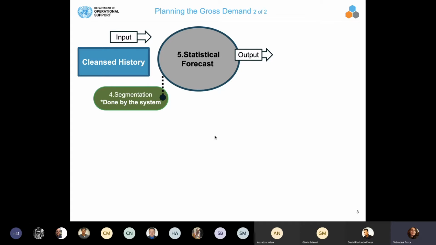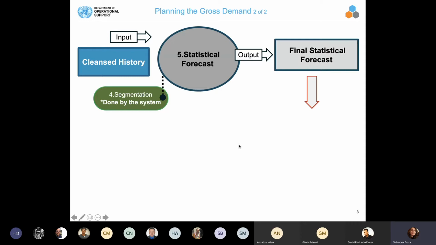We know one is exponential smoothing, used for continuous data, and the other one is Croston, used for intermittent data. The final statistical forecast will be the best fit, the one among the 2 methods that has the lowest error.